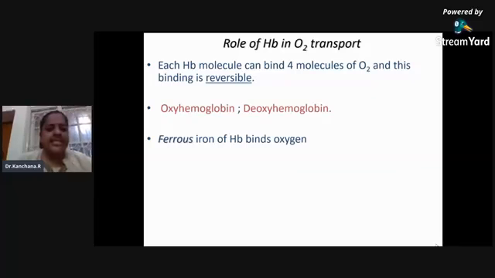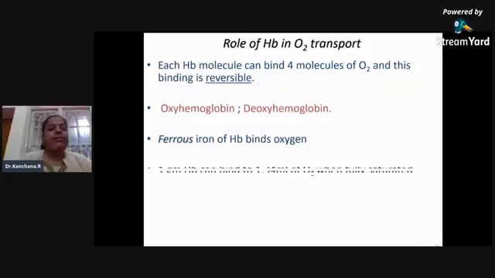In RBCs, there's a special enzyme called methemoglobin reductase, which reduces the methemoglobin back to hemoglobin so that it can bind with oxygen. If this enzyme is absent, the oxygen carrying capacity of the blood decreases, and it can lead to severe complications.